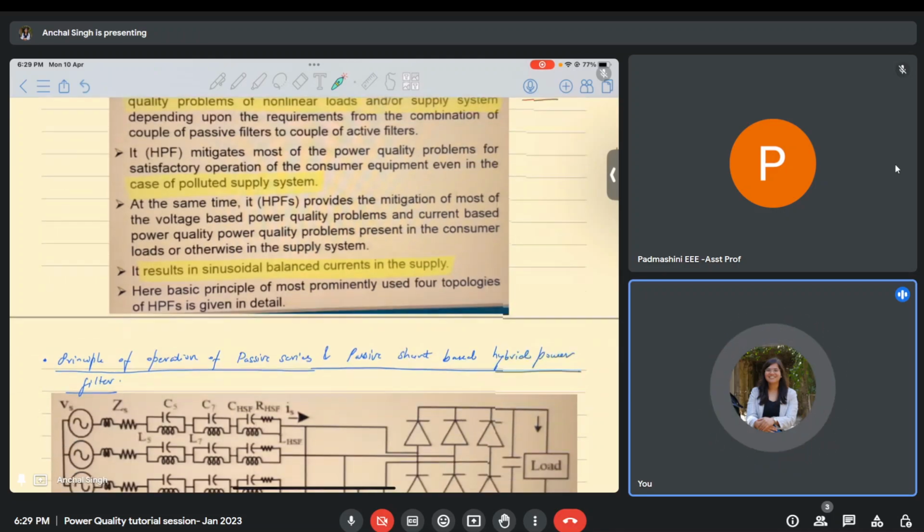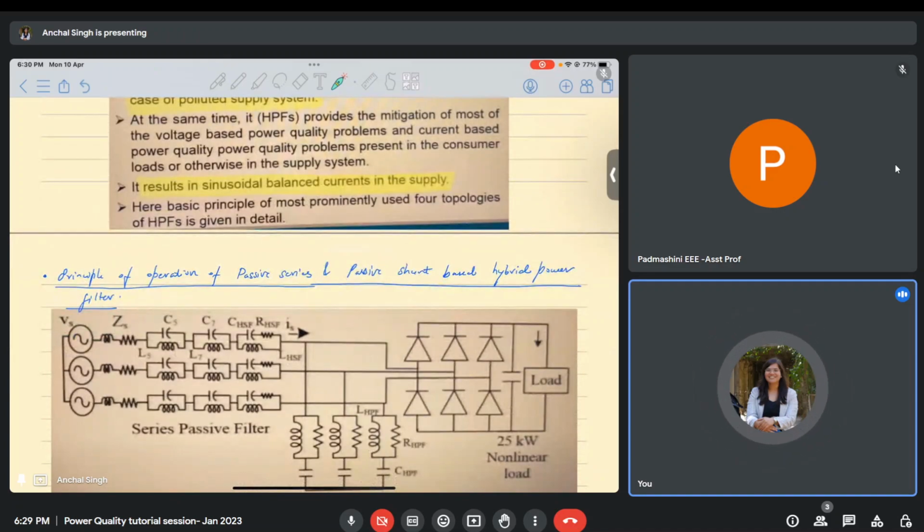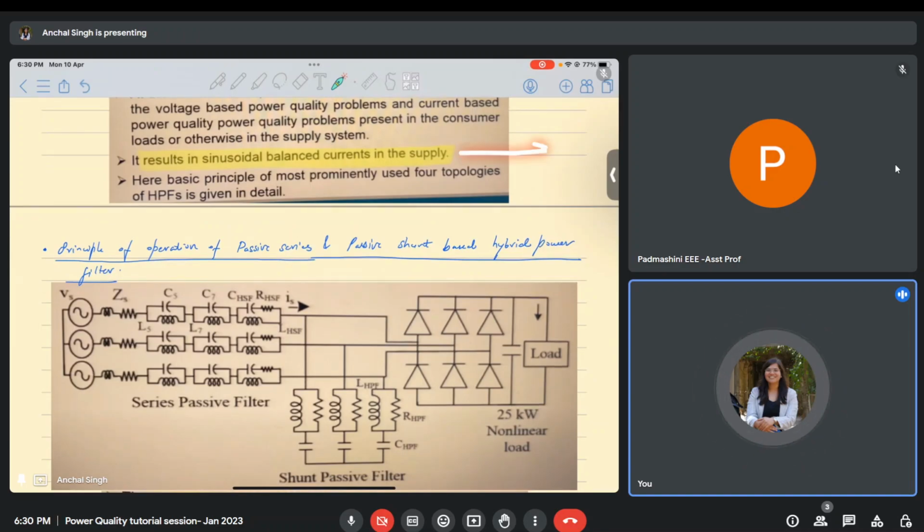Okay, and what will be the result of putting hybrid power filters? When we put a hybrid power filter into a system, our supply current will become sinusoidal in nature, irrespective of the nature of the load current. Okay, this is the observation point in all the waveforms that you will obtain.